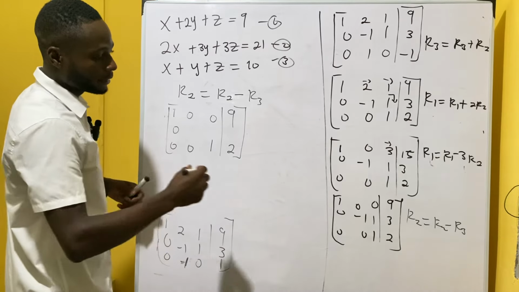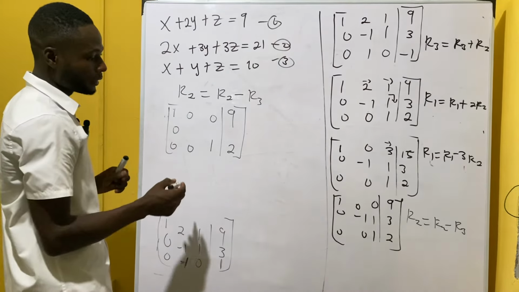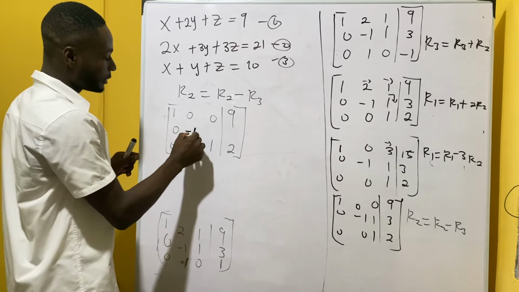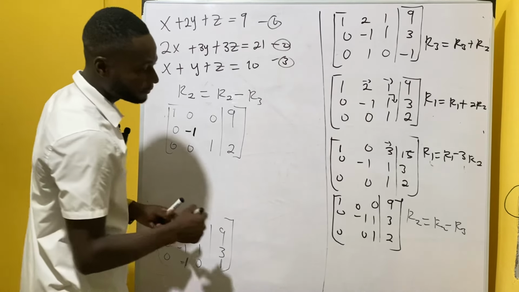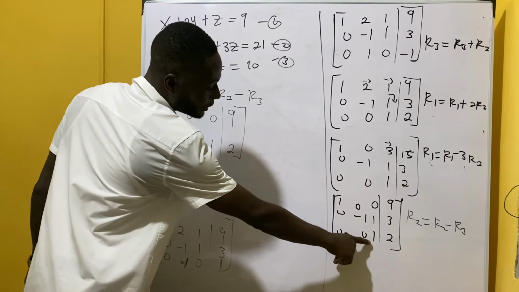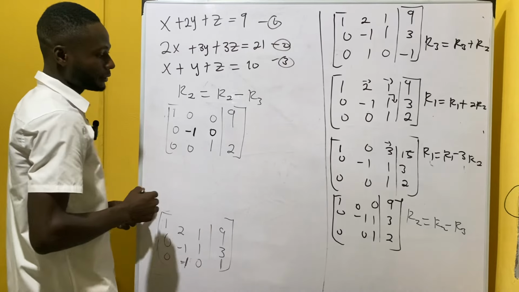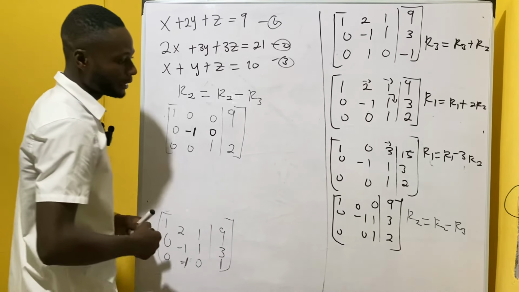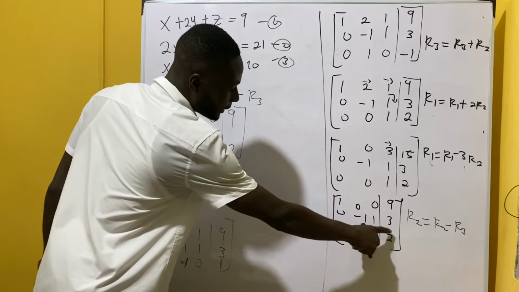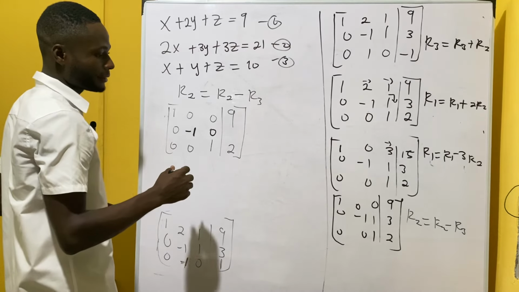And then we have negative 1 minus 0, and that is still negative 1. And then we have 1 minus 1, and that is 0 right here, what we are interested in. And then 3 minus 2.